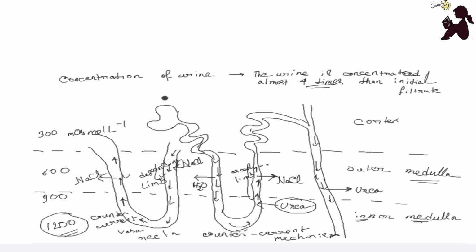Okay, so you can understand that urea will obviously increase the osmolarity of the medulla. So this is how NaCl and urea increase the osmolarity of the medulla. Okay, and this is actually the countercurrent mechanism, by which urine gets concentrated in the kidneys.